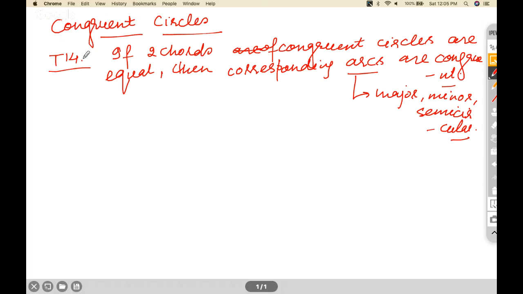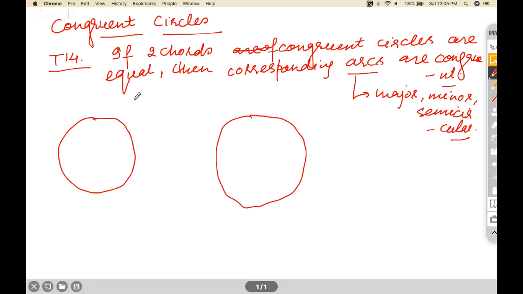Okay, so let me solve that. Few people have already solved it, and few people are asking for it. So I'm solving it. If I'm talking about 2 congruent circles, I make 2 congruent circles. This is my C O R, and this is my C O dash R. First I'll assume minor arc.